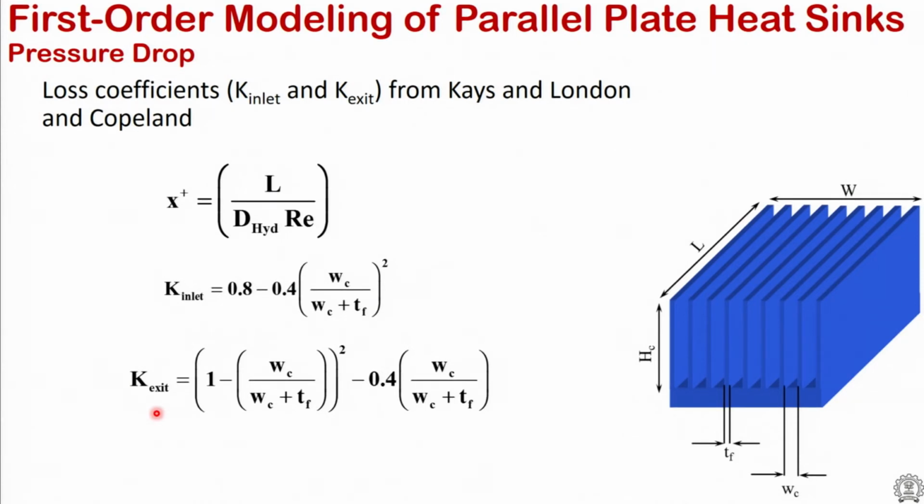Typically these predictions are quite good, within 10% of the actual measurement, as long as it is in the laminar flow regime. And it is quite commonly used in industry as a first order and possibly one of the easier ways to do it, and many software called flow network modeling software typically use these types of correlations to predict the pressure drop across these heat sinks.